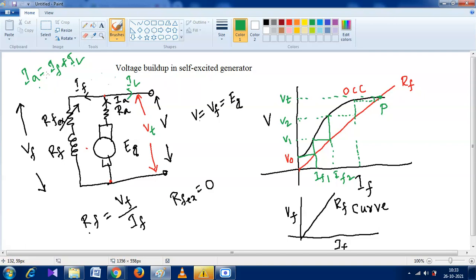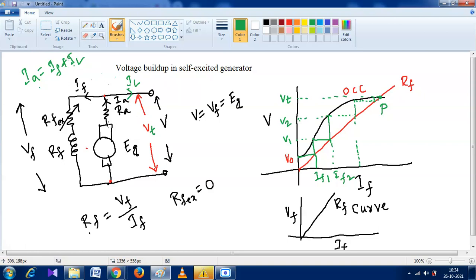So tell me, with respect to load current or armature current, can we neglect the 1 ampere or 2 ampere? Ayush, can we do that? Yes sir, because the value of field current is 1 or 2 ampere and the load current is 38 ampere. So we can neglect 2 ampere with respect to 38.